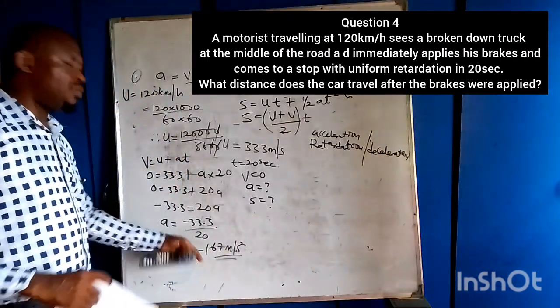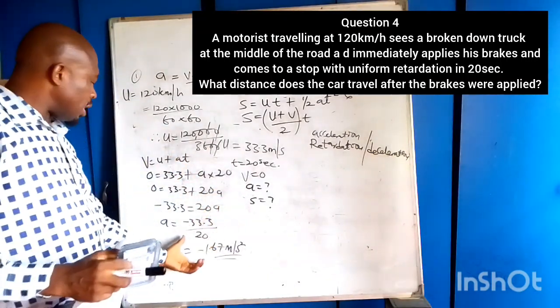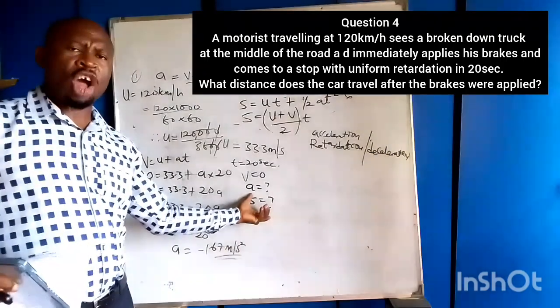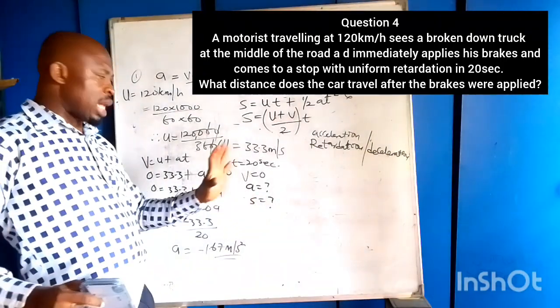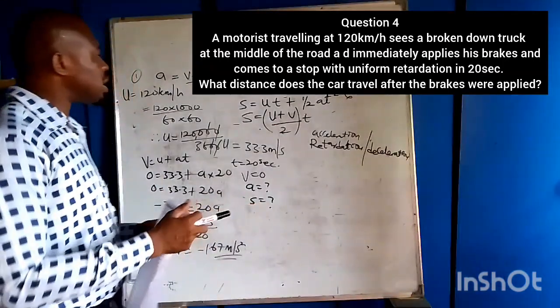Having gotten the value of the retardation, the next thing to get is the distance covered the moment the brakes were applied. Now, how do we get this distance covered?